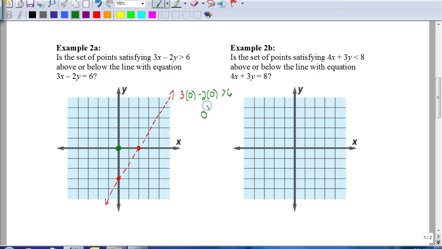So I have 0 on the left. Is that greater than 6? No, it's not greater than 6. So I'm going to shade below the line. So this is what I was talking about earlier. If I have an equation that's greater than, it does not always mean I shade above the line, because here's one where I shaded below the line.